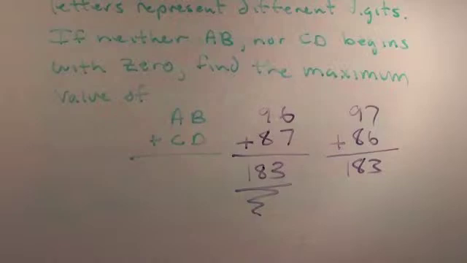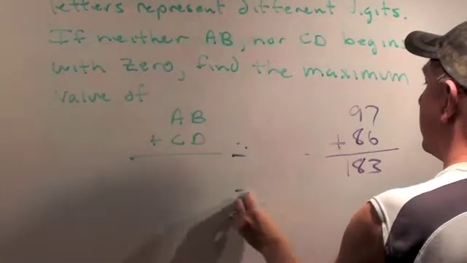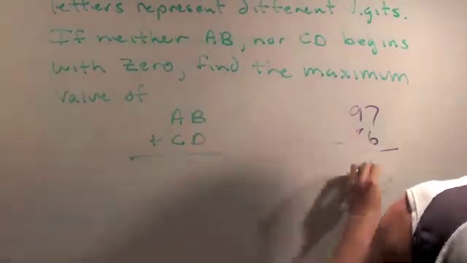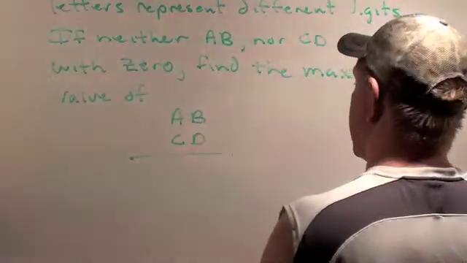Now I've got a tricky one for you. What if instead of finding the maximum value of AB plus CD, I wanted you to find the maximum value of AB minus CD?